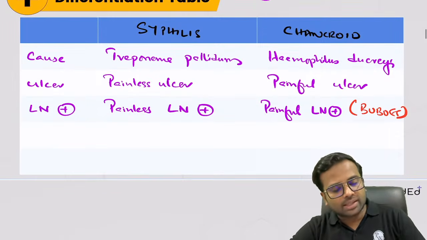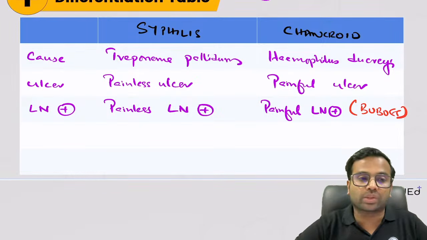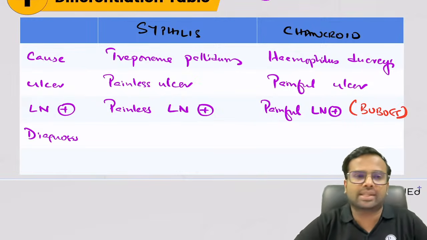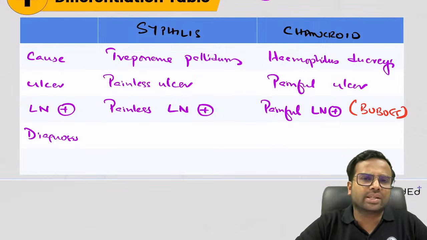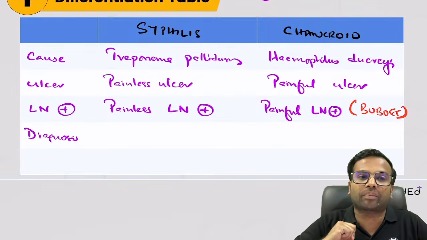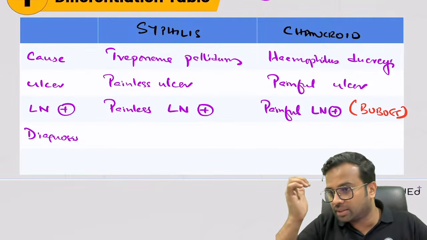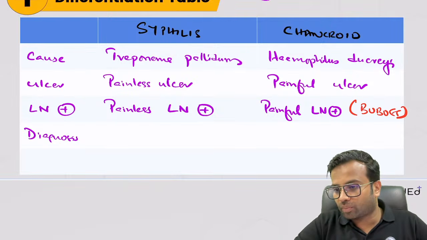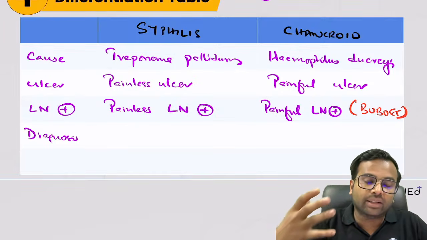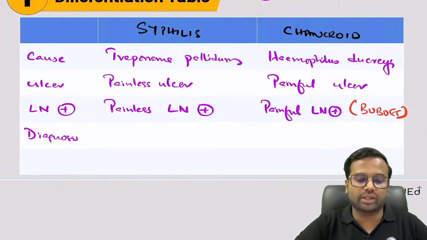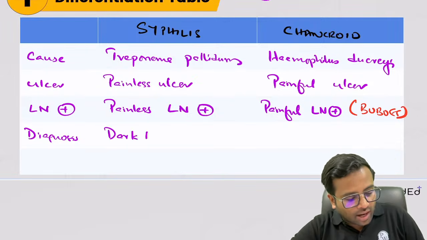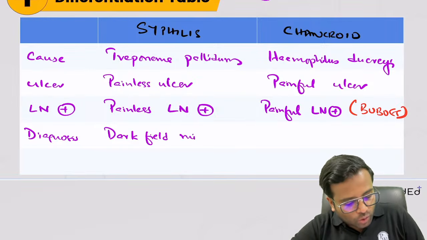And then let us see how we diagnose. So the diagnosis of syphilis, any idea? Is there any investigation that we can do to diagnose primary syphilis? Here the diagnosis of primary syphilis can be done with an investigation called dark field microscopy.